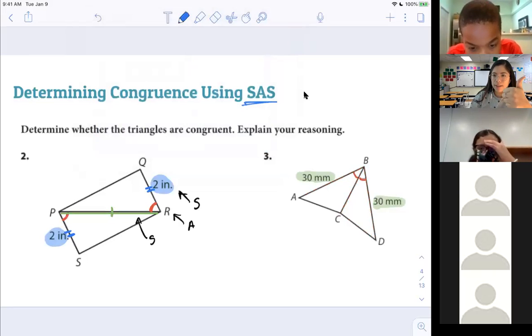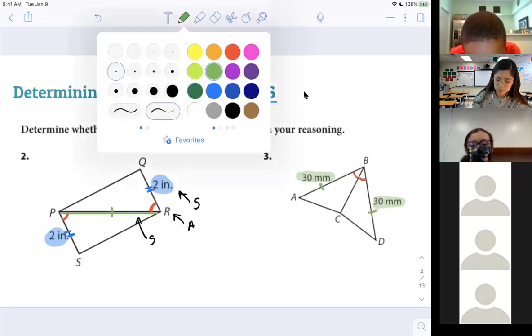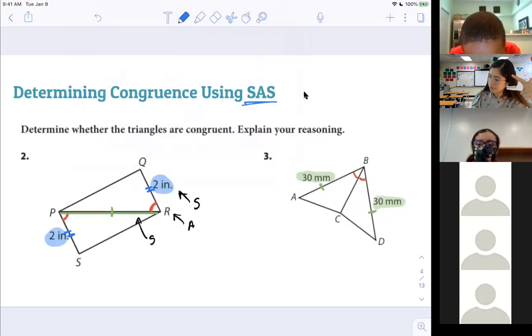I have one side, I have one angle. I still need one more side in order to prove SAS. So which is the third side or the second side that is congruent? CAB or wait. I need a side.